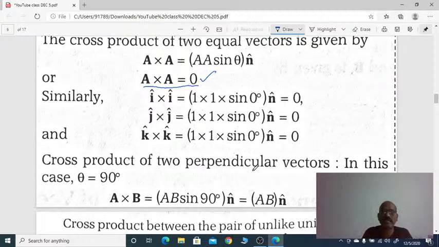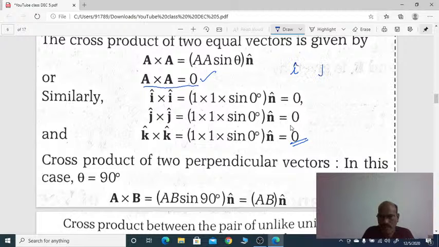So in the cross product, the unit vectors i cross i, j cross j, k cross k are 0. Keep in mind that earlier in the dot product, i dot i, j dot j, k dot k were 1. But in the cross product, i cross i, j cross j, k cross k are 0.